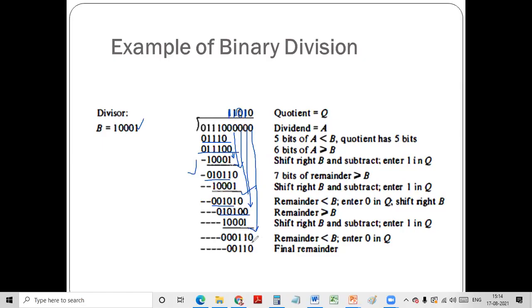This is lesser than B, so it can go only 0 times. 0 times B is 0, and I'll be getting the final remainder as 3. This is how the division is carried out in binary with these numbers.